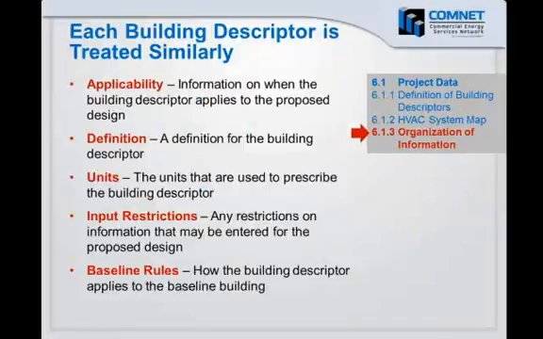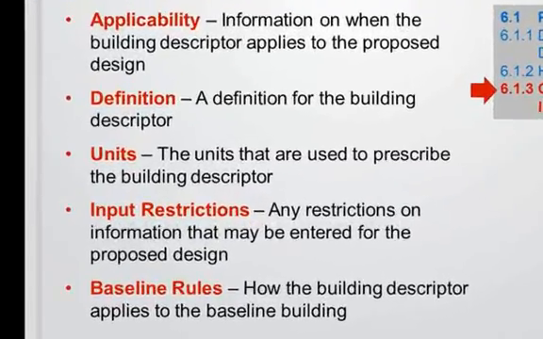Each building descriptor in COMNET is treated in a similar manner. There's really 5 sections. The first describes the applicability of the building descriptor. When does it apply? Then that's followed by a definition of the building descriptor. We describe what the units are when that's applicable. And at present, COMNET only supports inch-pound units.